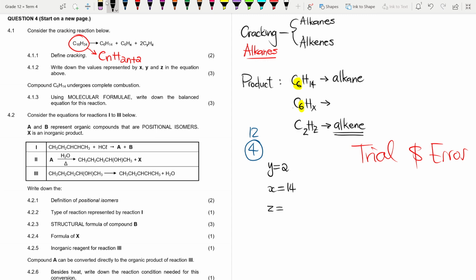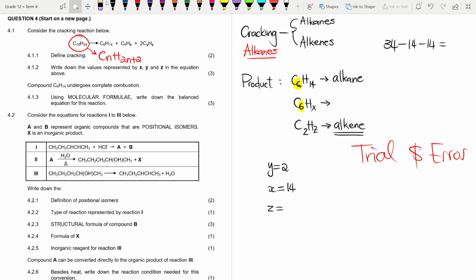So what was the value? It's going to be 34. What I did was 34 minus 40. I got 20, right? Then I went to the alkene part, which is 2CY. I get my Y is 2.